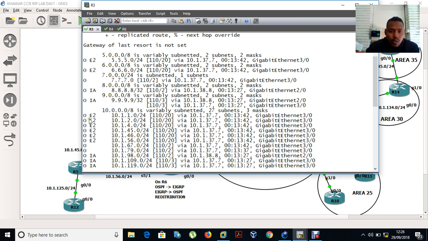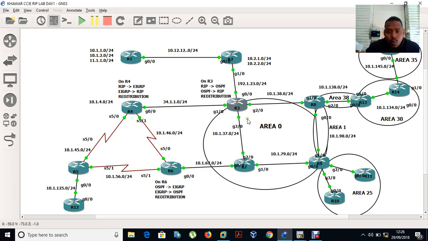for example, OSPF has an administrative distance of 110 and a default metric of 20. So this administrative distance is what matters when we redistribute between two routing protocols.